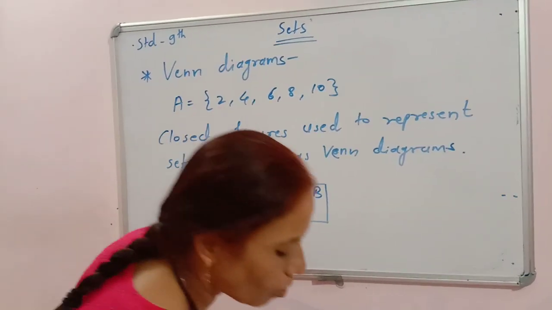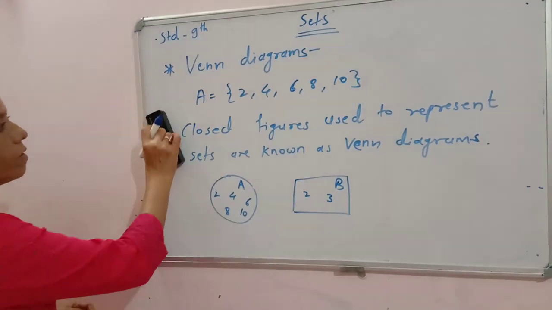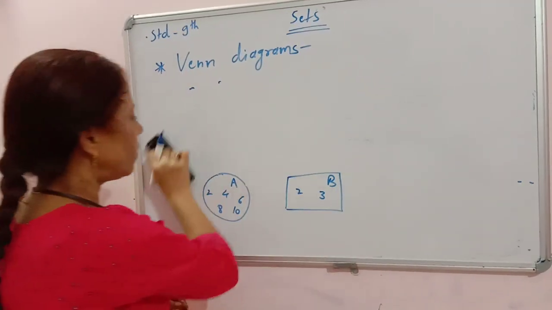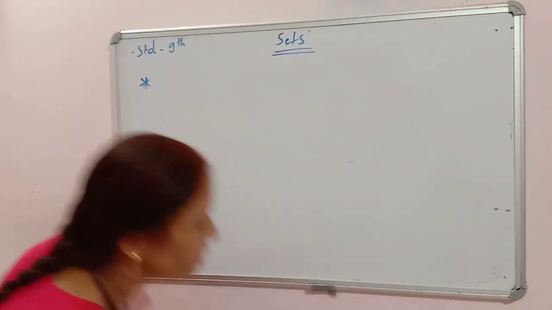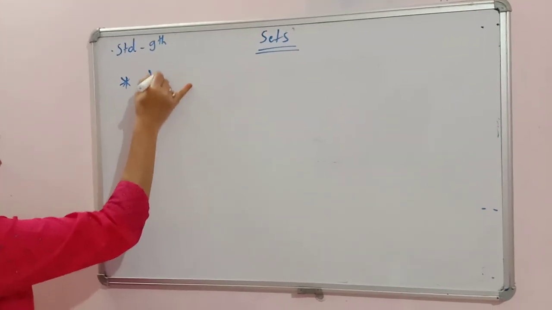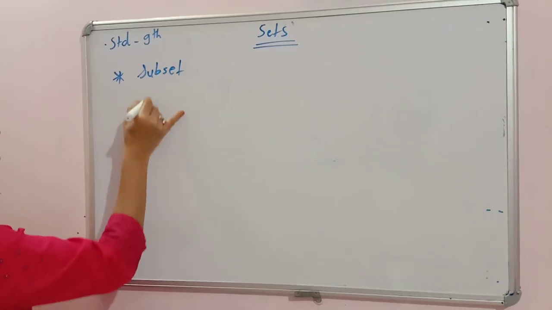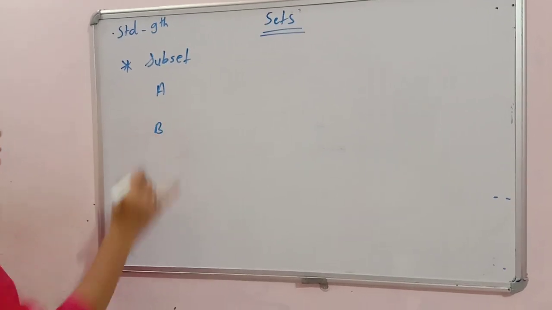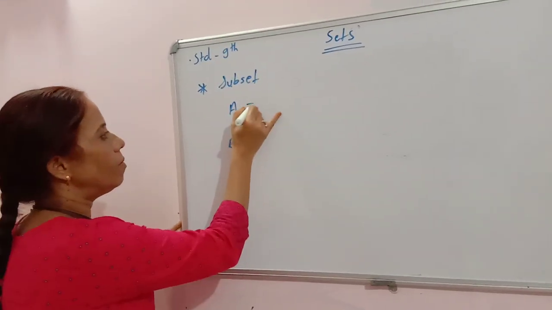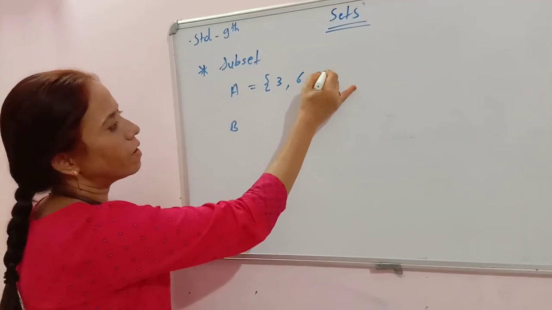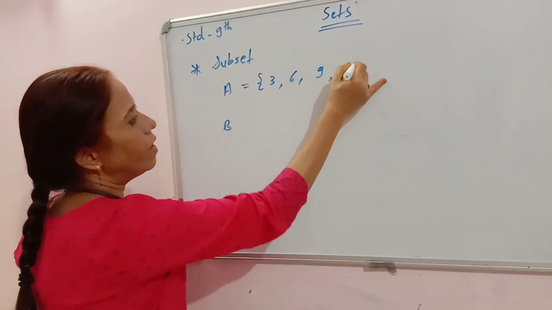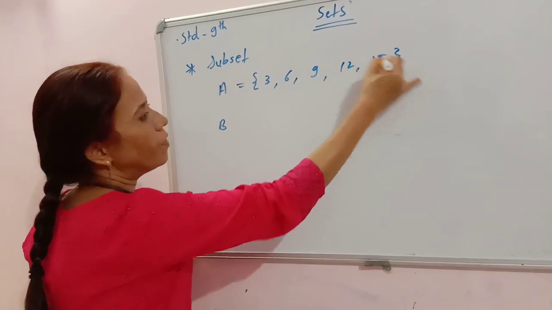Now the next topic, that is subset. Now if A and B are 2 sets such that the elements in the sets are multiples of 3, that is 3, 6, 9, 12, less than or equal to 15.